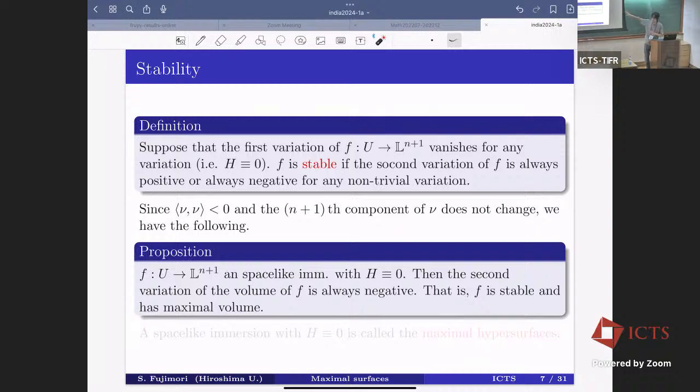So this is pretty different from the minimal surface in Euclidean space. In the minimal surface case in Euclidean space, the sign of the second variation depends on u. If u is very small, the second variation is positive, but with u getting bigger, the second variation might be negative for some variation. But in the maximal surface case, this is always negative.